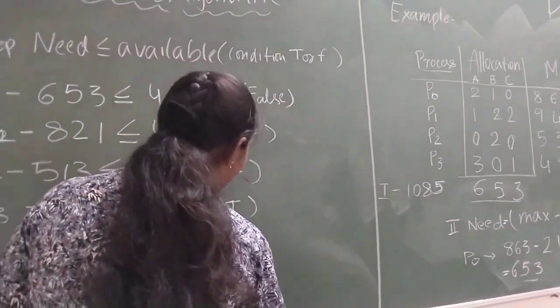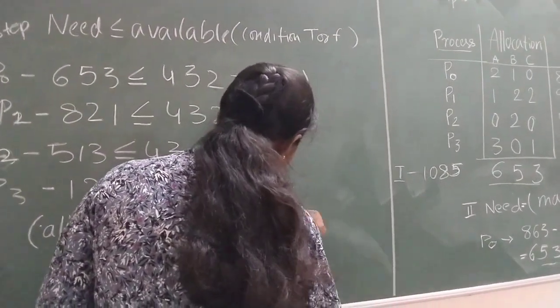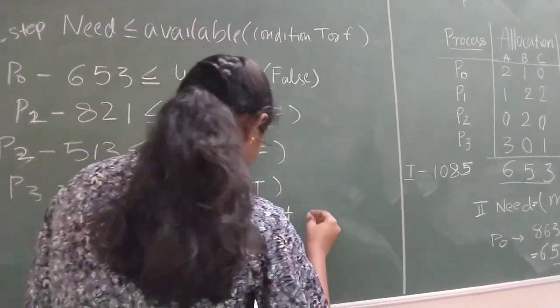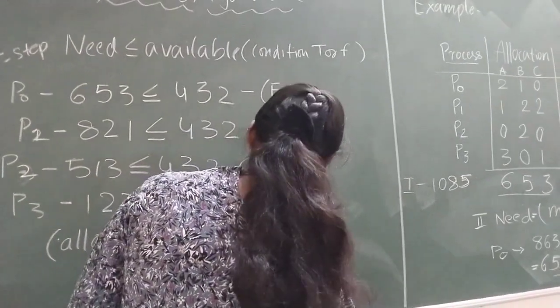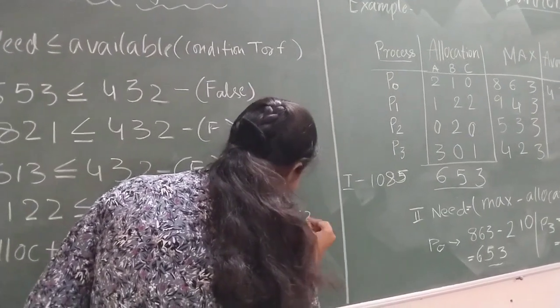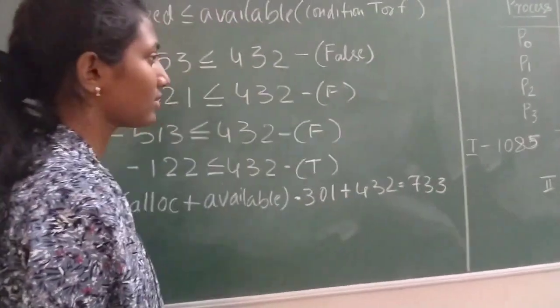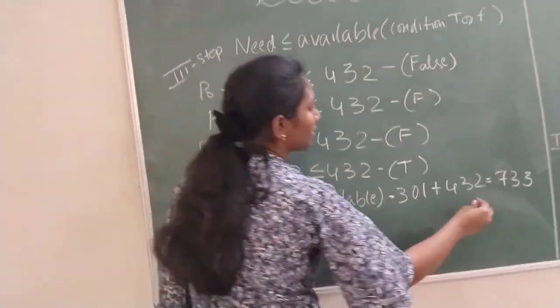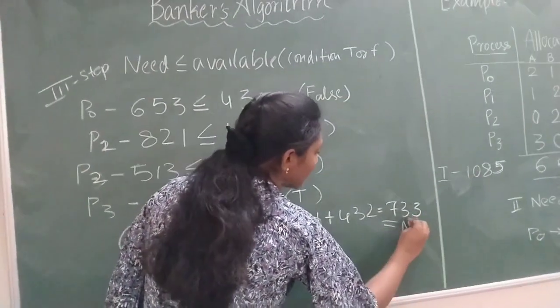So 301 plus 432 equals 733. So this will be our new available.